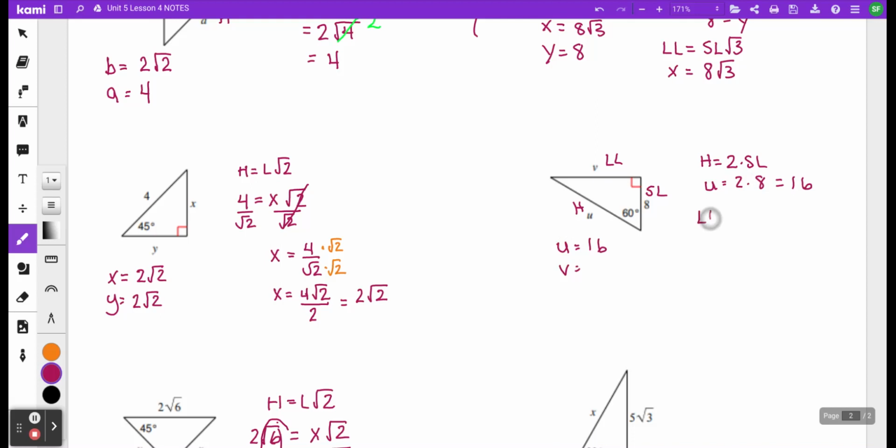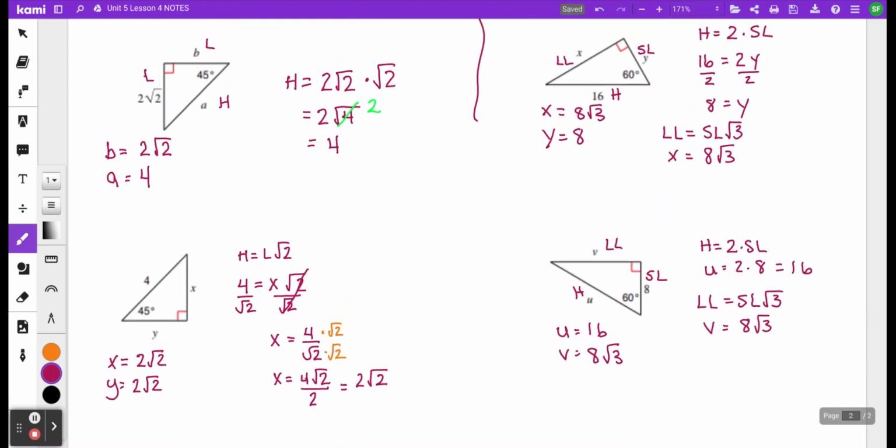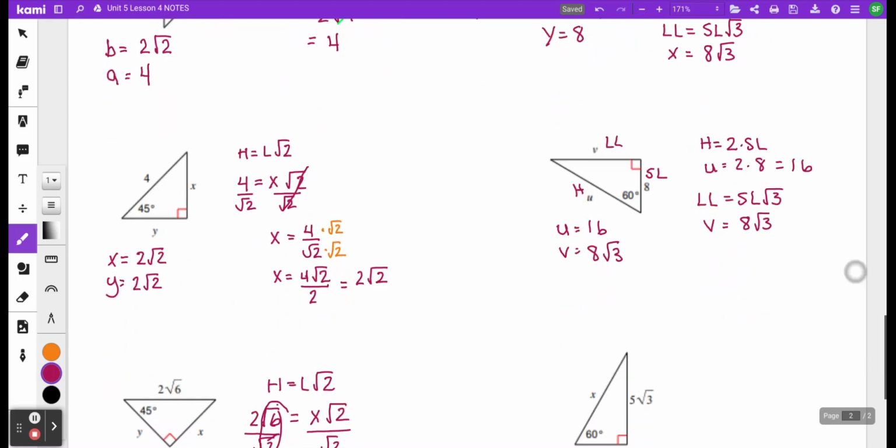And then our long leg is equal to our short leg times square root of 3. So our long leg is v. Short leg we know is 8 square root of 3. We don't have to do much work on that one. And as you noticed, it is very similar to the previous problem, but we have to start in a different position.